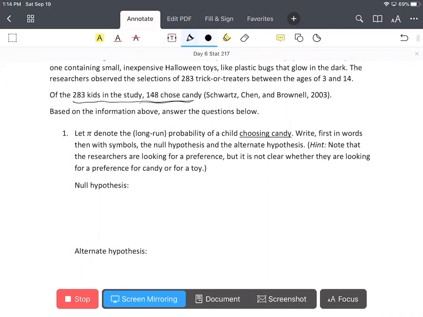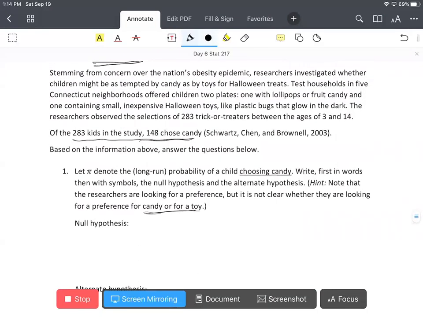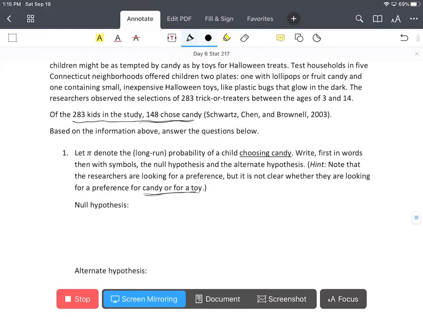Note that the researchers are looking for preference, but it's not clear whether they're looking for preference of candy or for toy. So they would need to be very clear in their research question. You think, well, they're talking about obesity, so obviously they're talking, well, no, they just want to see if there's a difference, all right? They didn't say specifically preference for candy or toy, they just want to see if there's a difference.